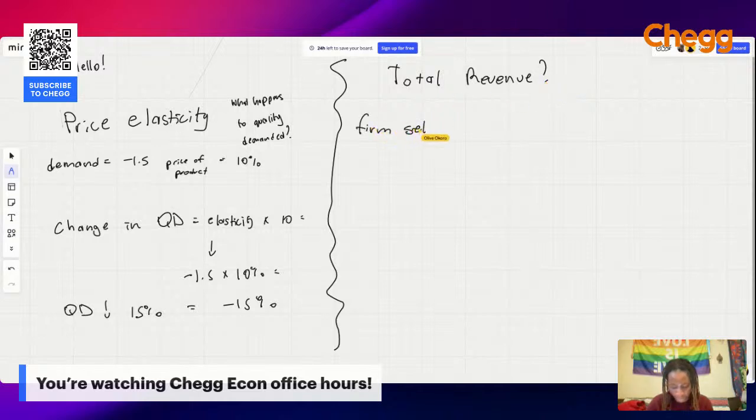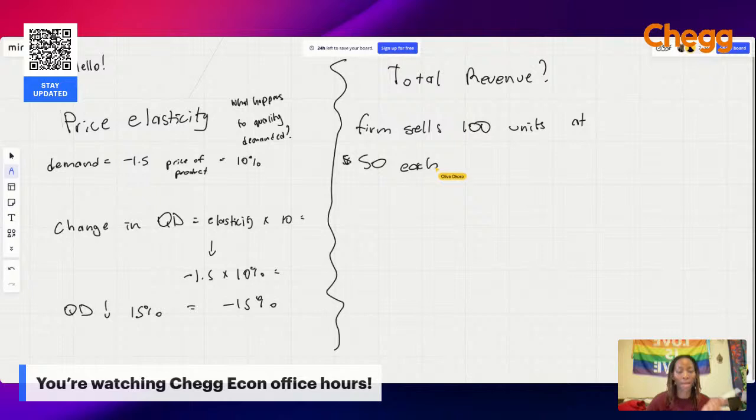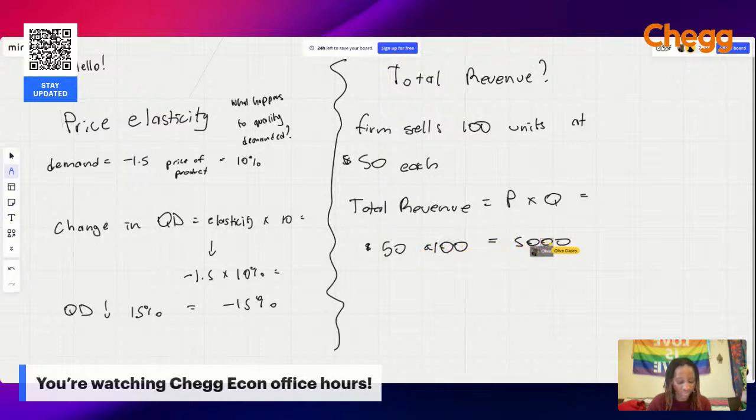Firm sells 100 units at $50 each. So the equation is going to be total revenue equals price times quantity, which can be said as total revenue equals P times Q. And here, that is going to be 50 times 100 equals 5,000.